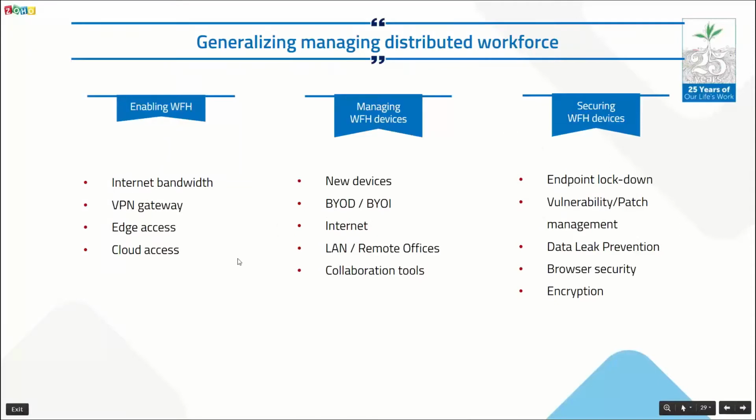Now, generally, when you have a remote work scenario enabled, there are a few steps that need to be taken and measures that need to be implemented. While enabling a work from home setup, you need to ensure that proper internet bandwidth is available and your VPN access is provided to all your end users to access your corporate data and files. Most applications should be hosted on cloud to simplify this process.